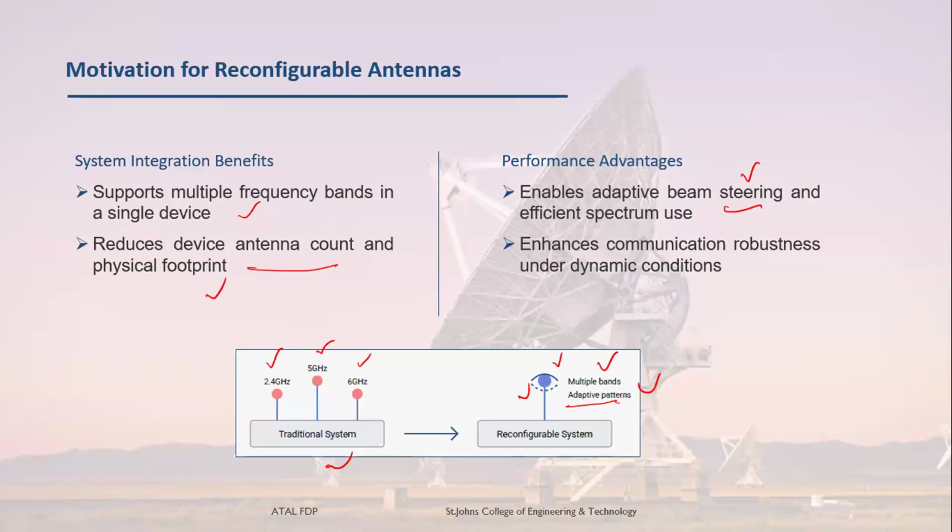So through reconfigurability, I make this antenna operate at the particular frequency at which the channel is free. Of course, this enhances communication robustness, because a system designed for a particular band of frequencies is not robust. When I design a system which can operate at multiple bands, it definitely gives robustness. That is the motivation behind designing reconfigurable antennas.